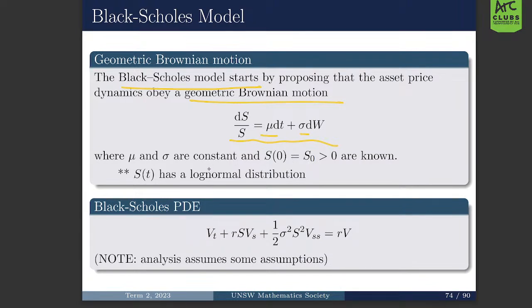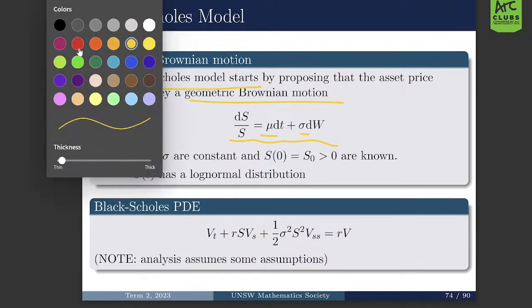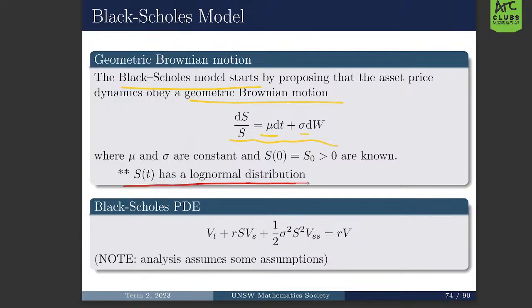There are a bunch of derivations for this inside the lecture slides, which I'm not going to go into, but one thing I want to draw your attention to is that ST actually follows a log normal distribution, and you can do a change of variables and some transformation to obtain the log normal distribution. Inside the lectures, they talked about the change of variables as well, which I didn't include inside my slides, but I will touch on it inside a question later on. So that's all I want to talk about over here.